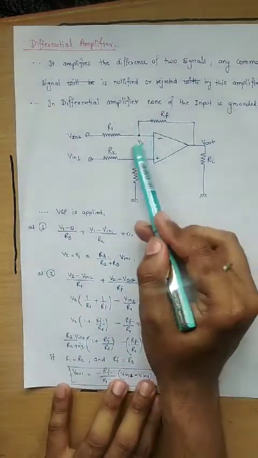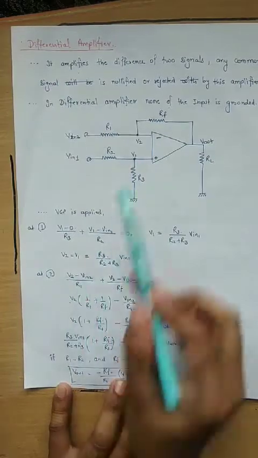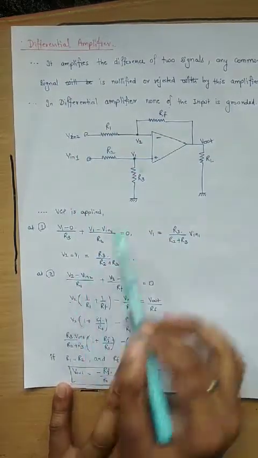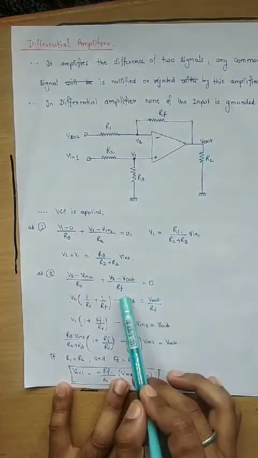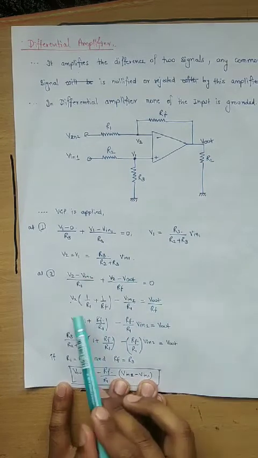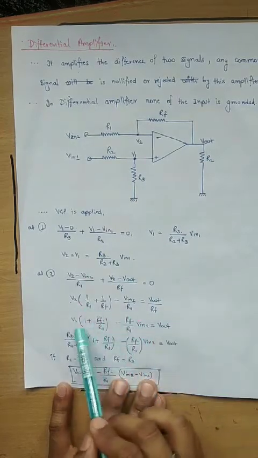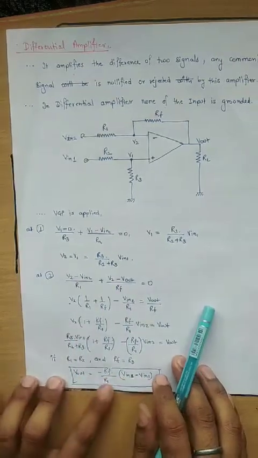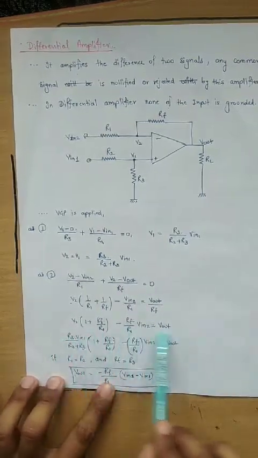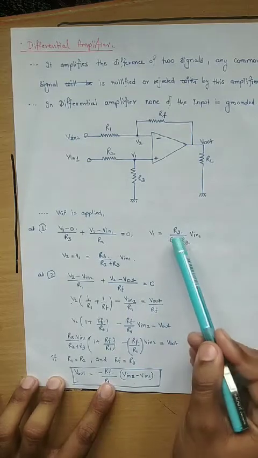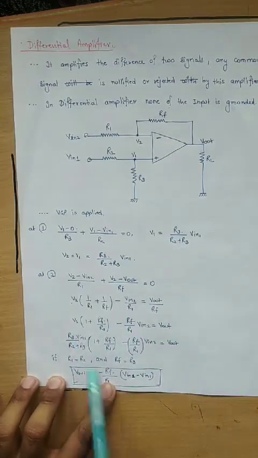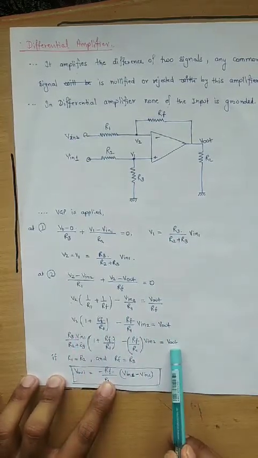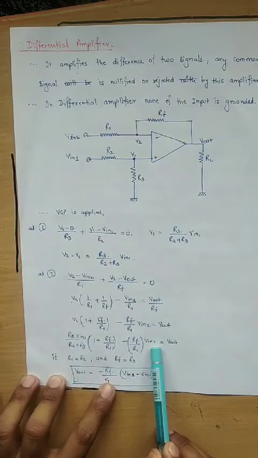Now apply nodal over here. Nodal: (V2 minus V in 2) by R1, plus (V2 minus V out) by RF, is equal to 0. Just solve this and you will get this expression. If you put the value of V1, you will get the relation between V out, V in 1 and V in 2.